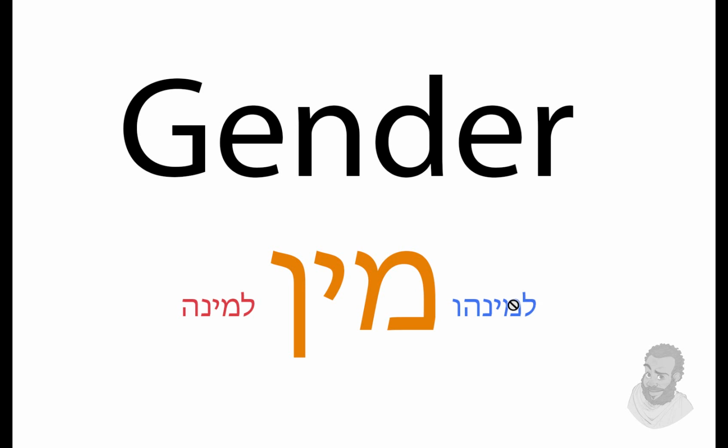Leminehu, lemina. To his kind, to his gender, and to her kind, to her gender. You can see this word in Bereshith, the first chapter, where Yah is creating the universe, creating the world as we know it. Leminehu lemina.